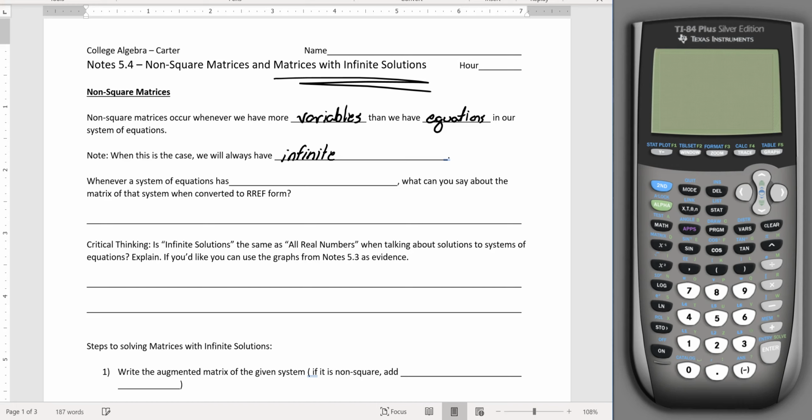Always. Whenever there's more variables than equations, there will be infinite solutions. Now, whenever a system of equations has infinite solutions, what do you remember about their RREF form? Well, remember that in that case, the bottom row is all zeros.